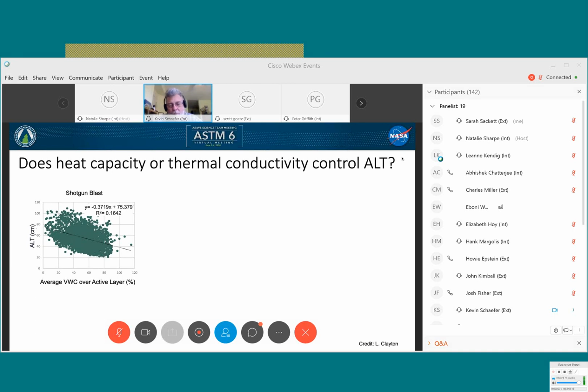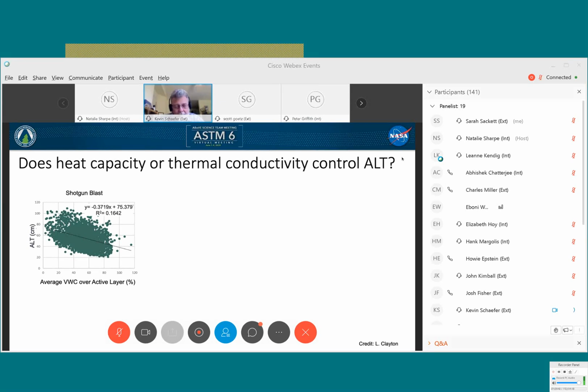And of course, the water content determines the thermal conductivity of the soil, frozen or unfrozen, either way. We plotted this out, and what we see in this plot is that the more water you have, the shallower the active layer. This indicates that the heat capacity actually seems to drive it. But this is not a totally satisfying analysis because it's what we call the shotgun blast. It's just all these points all over the place. And if you look at the R-squared, yeah, it's marginally statistically significant, but we would like a stronger relationship.